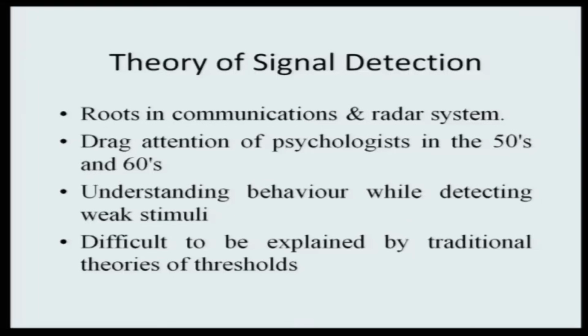Let us come to an interesting theory. Basically, this theory has its root in communication and radar systems, but in the 1950s and 60s it drew the attention of psychologists, because psychologists were interested in understanding human behavior, and they tried to understand the strength of the signal and its role in detection of stimuli, especially in conditions where the intensity of the signal is very weak.